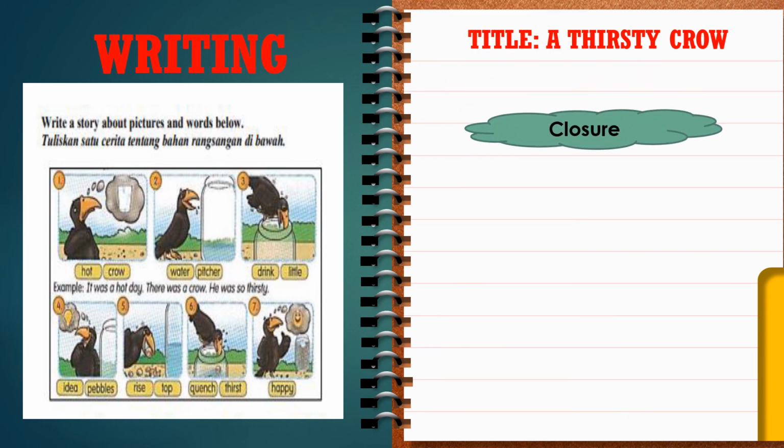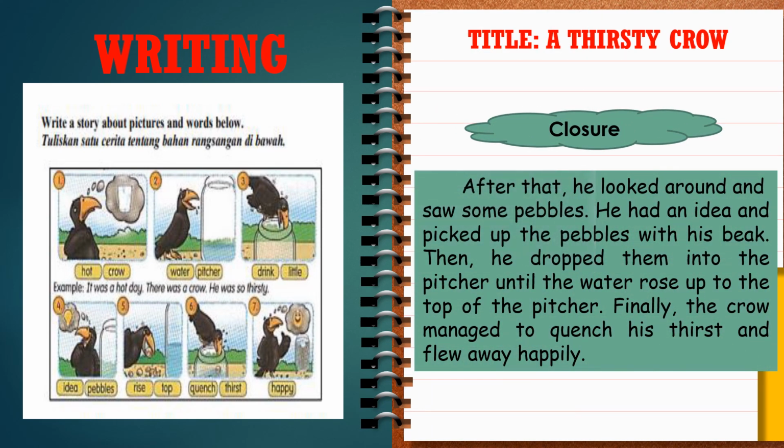So this is the closure for the story. What happened at the end of the story? After that, he looked around and saw some pebbles. He had an idea, in this picture. He had an idea and picked up the pebbles with his beak. Then he dropped them into the pitcher until the water rose up to the top of the pitcher.